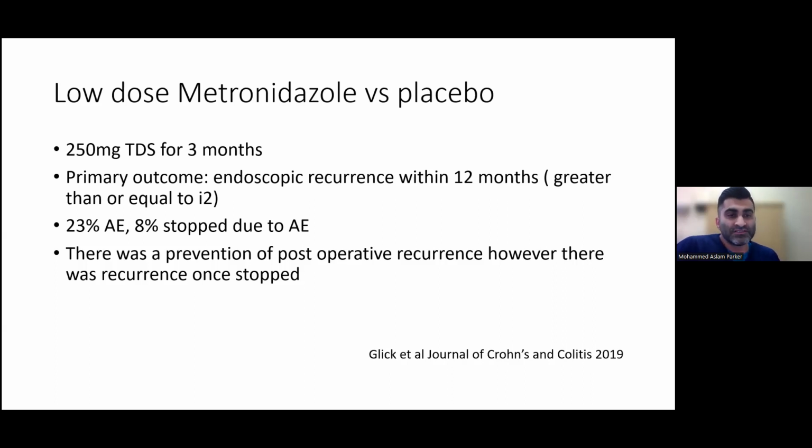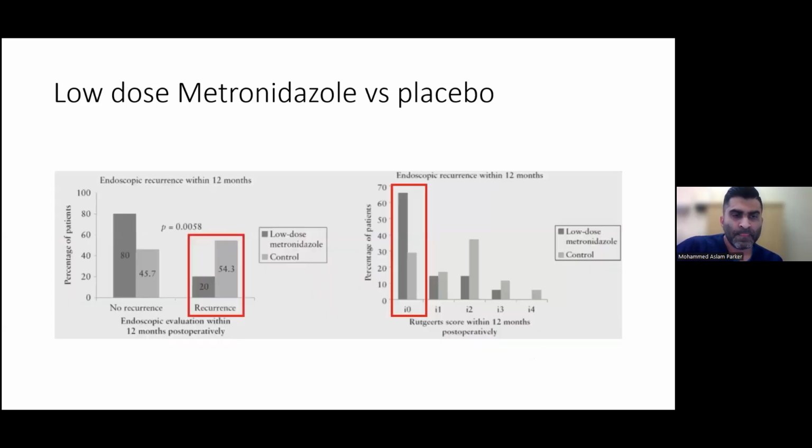And then there was a prevention of post-operative recurrence. However, there was recurrence again once the medication was stopped. So if one looks at the data of the study, one can clearly see that recurrence was much less in the low-dose metronidazole group compared to the control group.